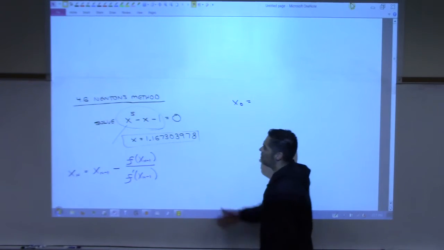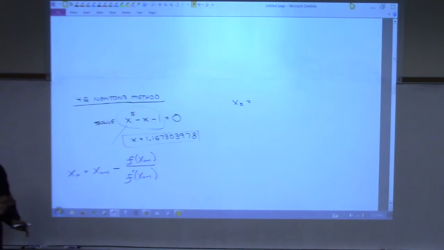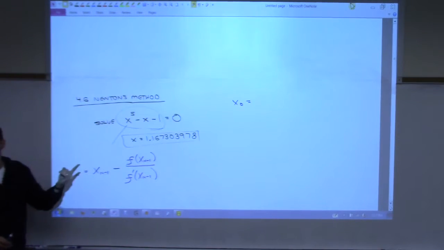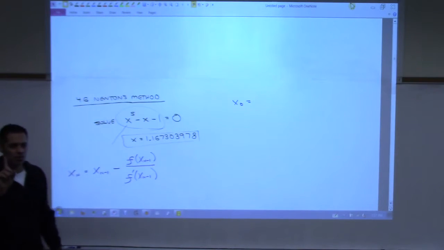So when I'm looking at this and trying to solve this equation, I plugged in 2 earlier and it wasn't true. What if I plug in 1? That might be a better guess. What do I get if I plug in 1? I get negative 1. That's closer to 0 than I was before, wasn't it? So let's try this with a 1.